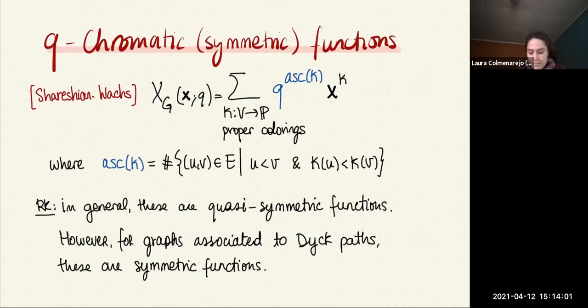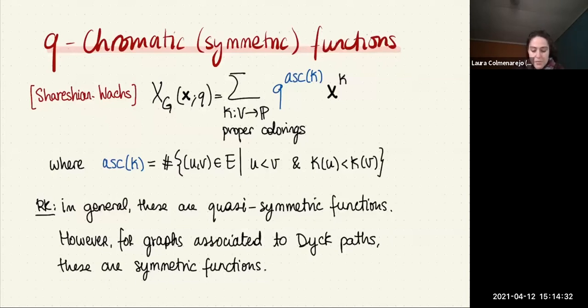So now I'm still looking at proper colorings. Now for each of the monomials that I have, I'm going to associate q to these statistics here. So what I'm counting here is the number of edges such that, since I'm ordering my vertices, you remember they are totally ordered, so u is smaller than v, and now the color of u is smaller than the color of v. We are going to do the example that we had from before again.